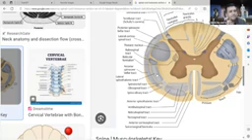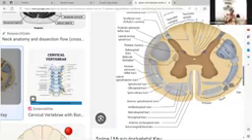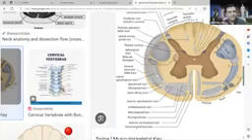Which is the third one? Oculomotor. The fourth is the trochlear nerve, and the sixth is the abducens nerve. These three nerves are not attached to the pyramidal or corticospinal tracts.